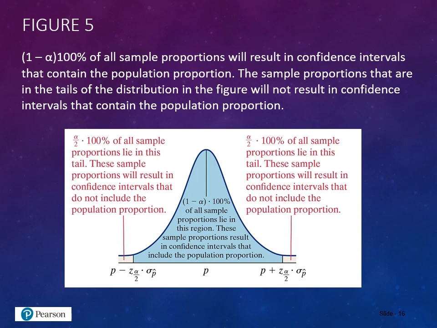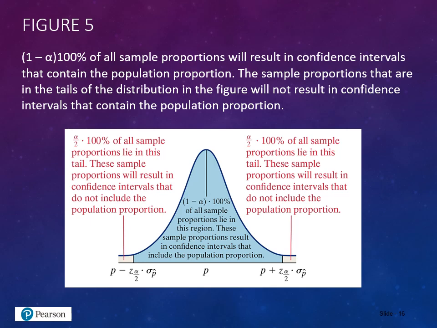(1 minus alpha) times 100% of all sample proportions will result in confidence intervals that contain the population proportion. The sample proportions that are in the tails of the distribution in the figure will not result in confidence intervals that contain the population proportion. And so you can see that here in this diagram.